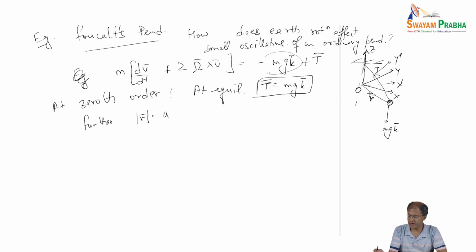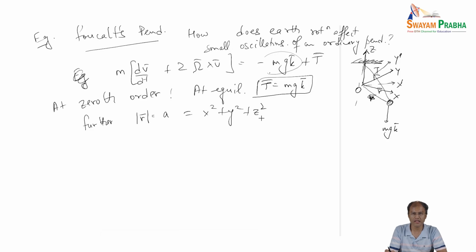We expect that the position vector of this pendulum with respect to a fixed frame, with respect to the support, is R, and the magnitude of R is constant, which is A, because that is the length of the string. So A squared is x squared plus y squared plus z squared.